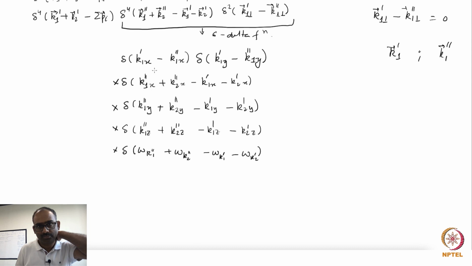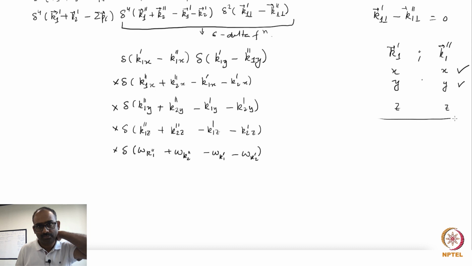So this delta function says that the x components of these two vectors match. So x components of these two, they are equal. This delta function says that the y components of these two also are equal. How about the z components? Well, none of these says that the z components are equal. Okay, at least not directly.